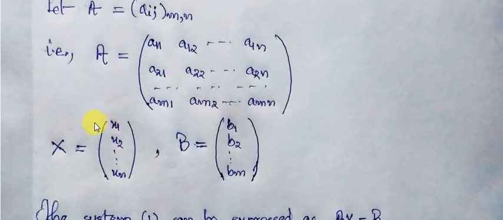As in this system of equations there are n number of unknowns, x1, x2, so on xn, we have considered those unknowns as the entries of this column matrix X. And the right hand members, this is b1, b2, so on bm. b1 is the right hand member for the first equation of the system, b2 is the right hand member for the second equation of the system, and so on, bm being the right hand member of the last equation of the system. And we have formed this column matrix, and we have named this matrix the B matrix. Okay, A, X and B we have so formed.